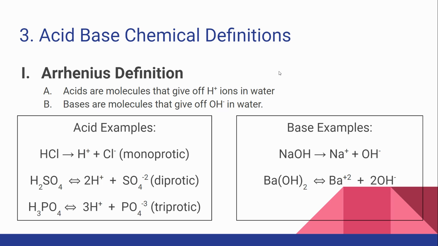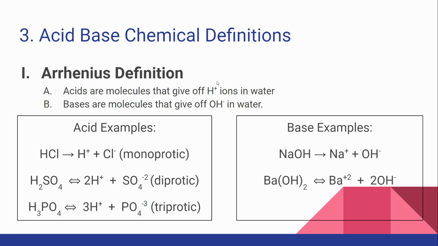So if the molecule gives off H plus ions in water, we consider it an acid. This is called the Arrhenius definition. There's actually 3 different definitions of acids and bases, and we'll talk more about that a little bit later. But right now, we're just going to focus on the Arrhenius, the simplest definition. Okay, so again, acids are molecules that give off H plus in water.